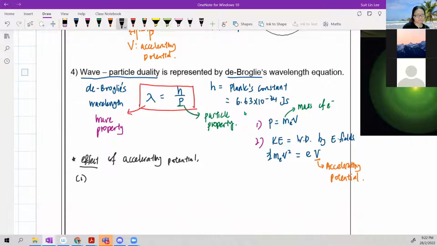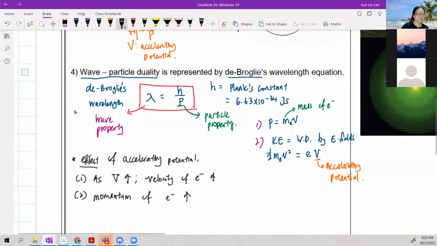Number one, let's say V increases. The accelerating potential, capital V, increases. I can say the velocity of the electron colliding with the target metal increases. And because of this, number two, the momentum of the electron also increases. Of course, P equals mv, larger v, larger momentum.